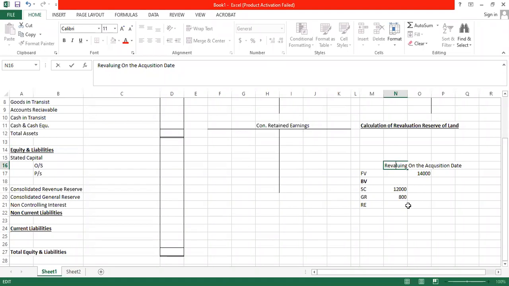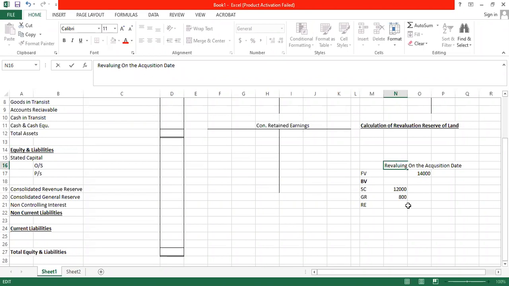So we will look at whether there is any information. Now we will see the second piece of additional information. On the date of acquisition, the following balances appeared in the books of Sita PLC. Right, these are the balances on the acquisition date.